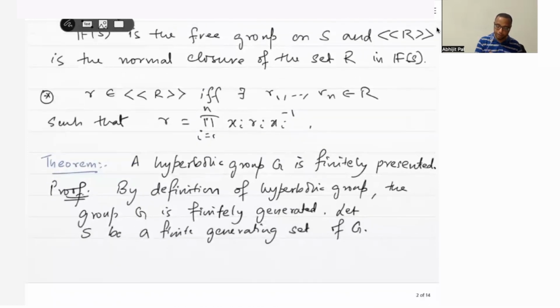Now, this is my theorem. A hyperbolic group is finitely presented.